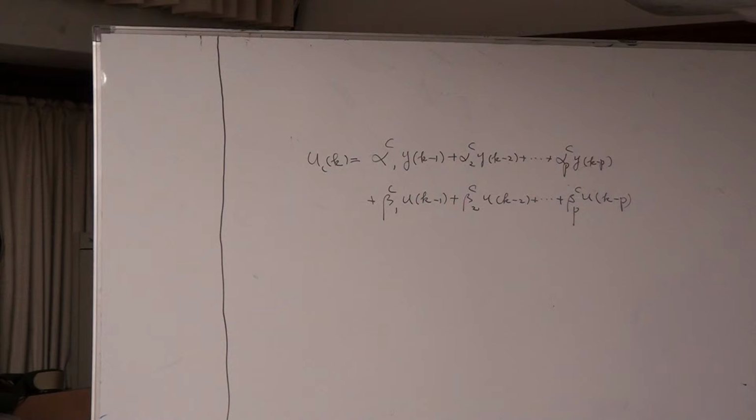Then from system ID, I derived equations to express the desired future output in terms of the future input plus the past input and past output. And from those equations, we are able to solve my predictive controller. This is my predictive controller.